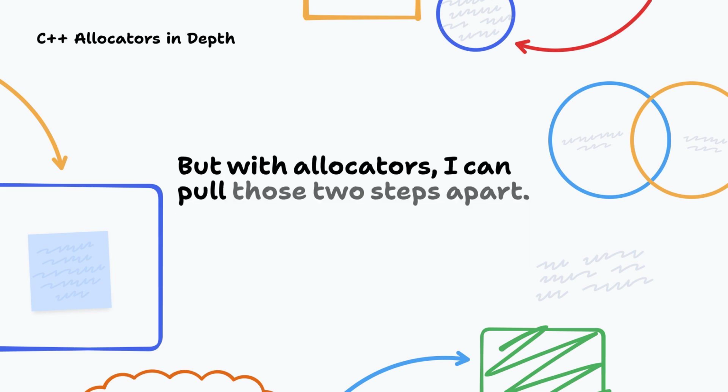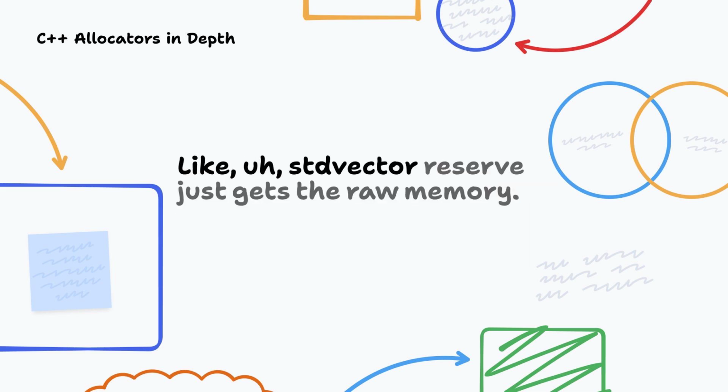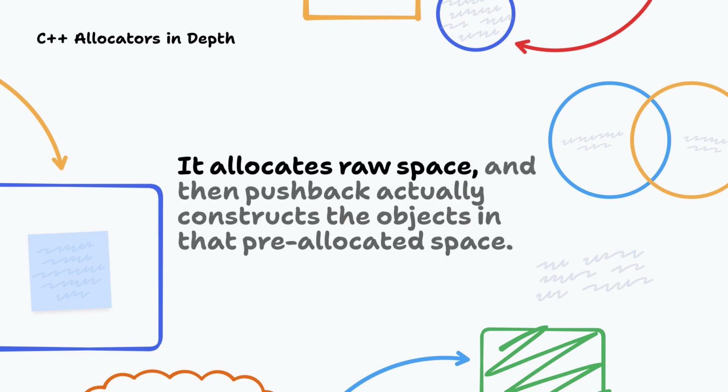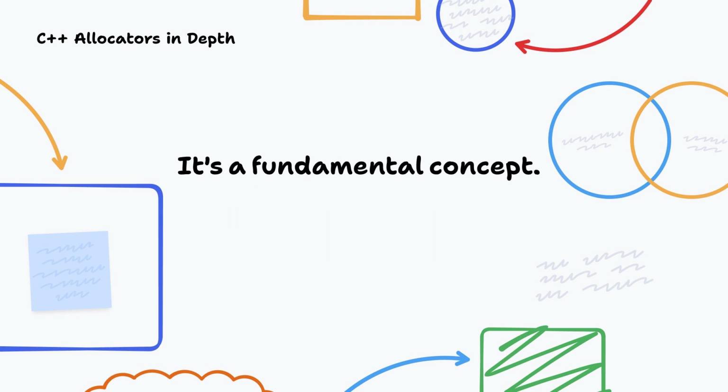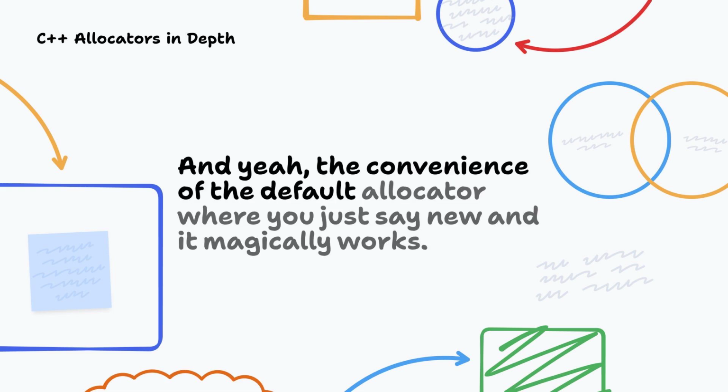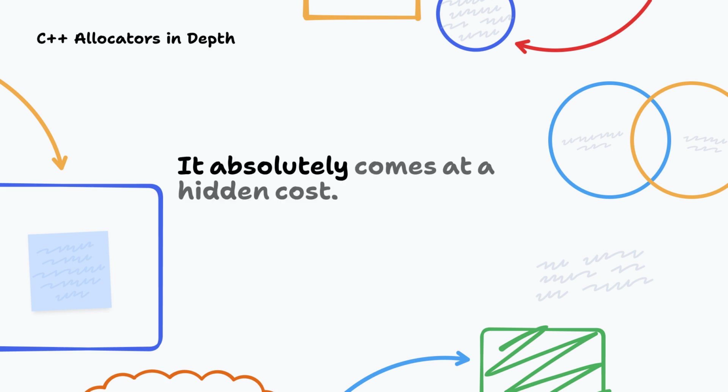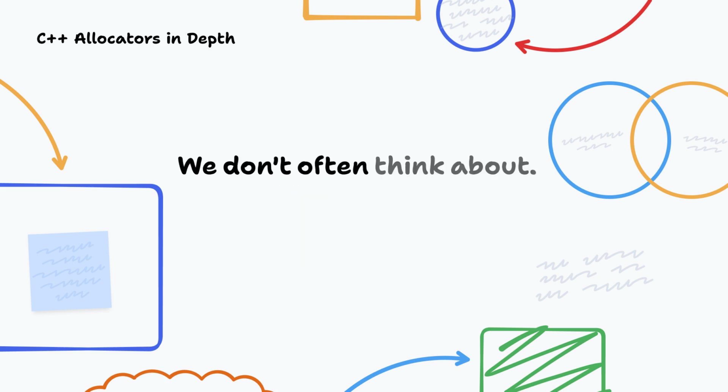But with allocators, I can pull those two steps apart, like std::vector::reserve just gets the raw memory. Exactly. It allocates raw space. And then push_back actually constructs the objects in that pre-allocated space. That separation sounds powerful. It is. It's a fundamental concept. And the convenience of the default allocator, where you just say new and it magically works, absolutely comes at a hidden cost we don't often think about.